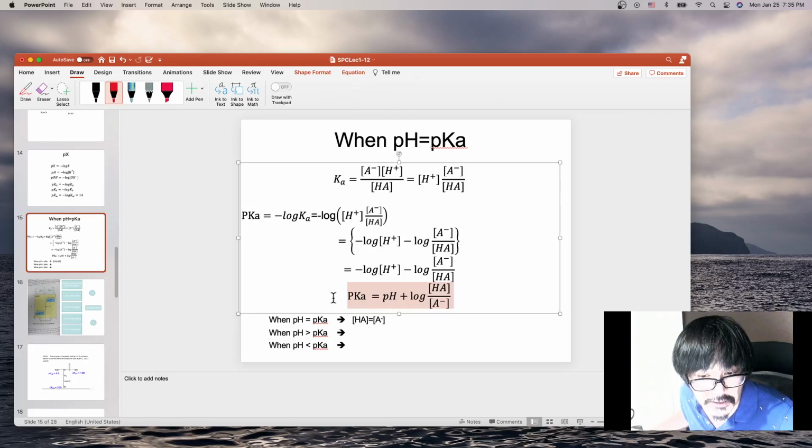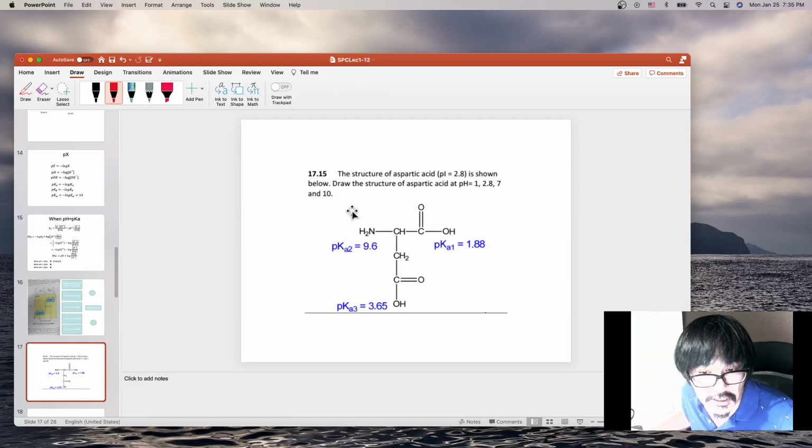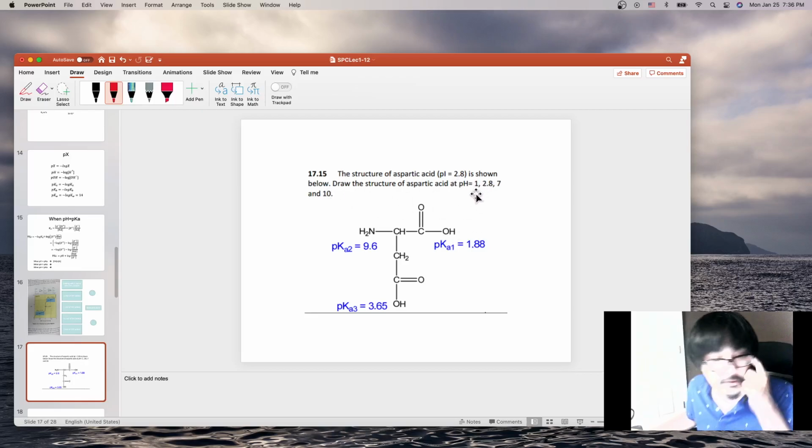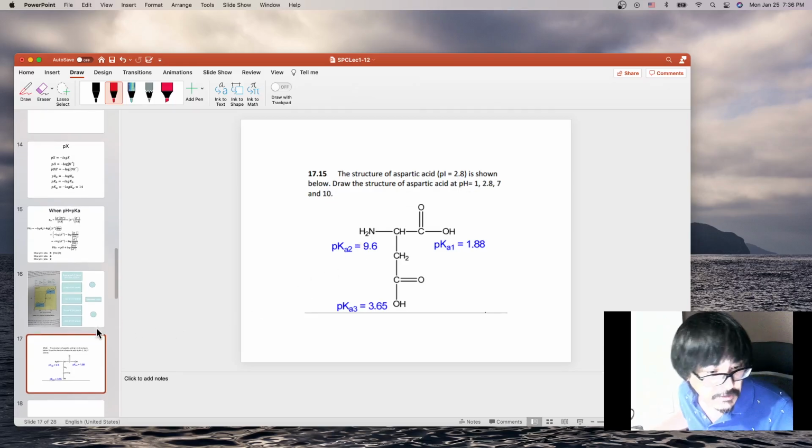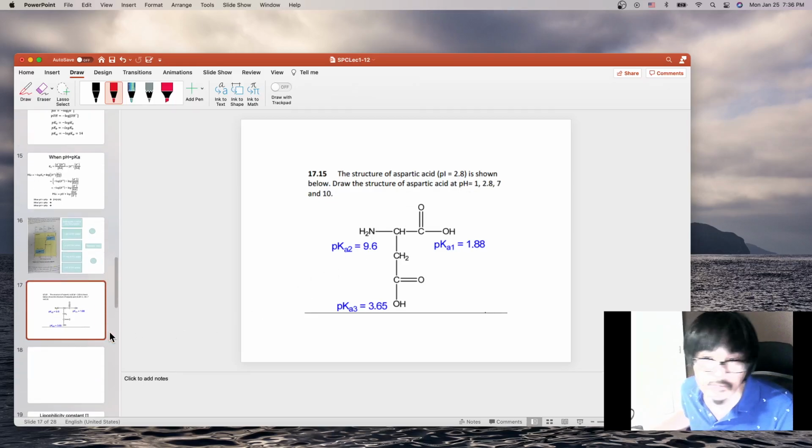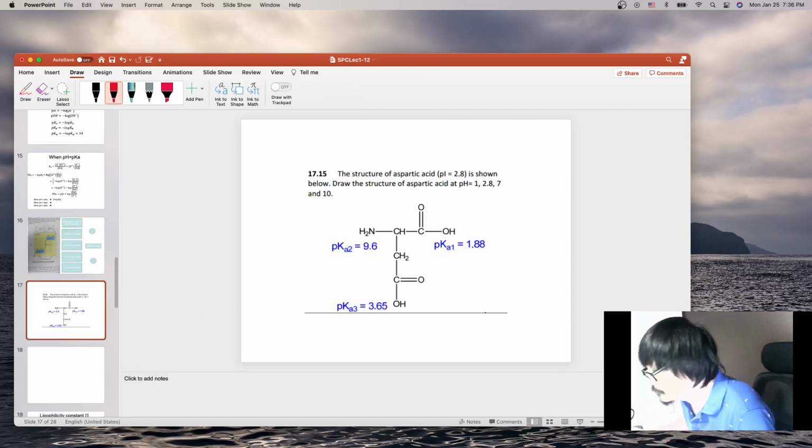So you can compare pKa and pH, and then you can probably predict which one is having more than the other one. Then you can figure out, did I lose the H here, or did I lose H here, or did I lose H here? You can think of those in different scenarios. These turn out to be very important questions for biochem. I think that's probably good enough.